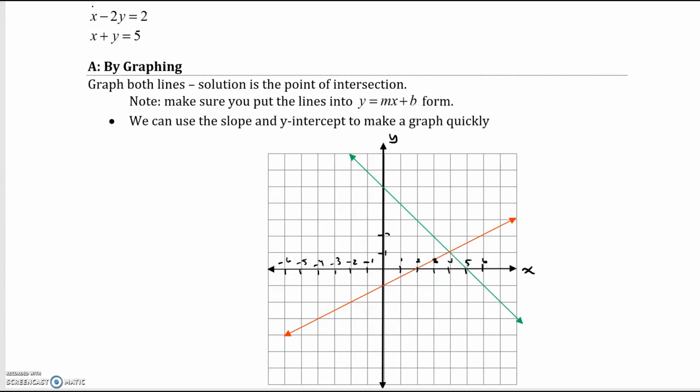With this labeling in place, you can confirm that the lines do in fact intersect at the point 4, 1. Okay. I'm going to review how these lines were graphed.